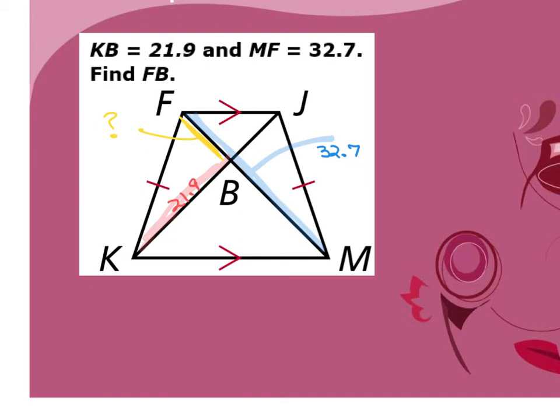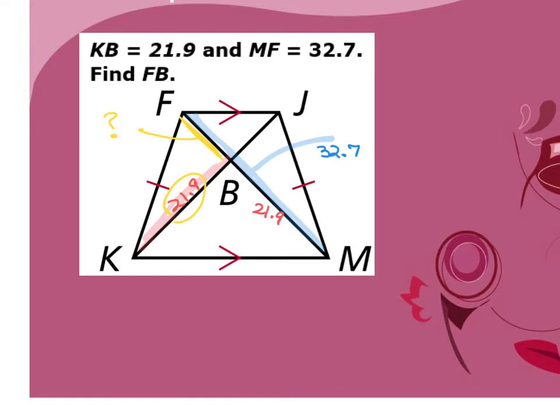Now, because this is an isosceles trapezoid, I know that the diagonals are congruent. So if I know that this piece over here in red is 21.9, then I also know that this piece over here is also 21.9.